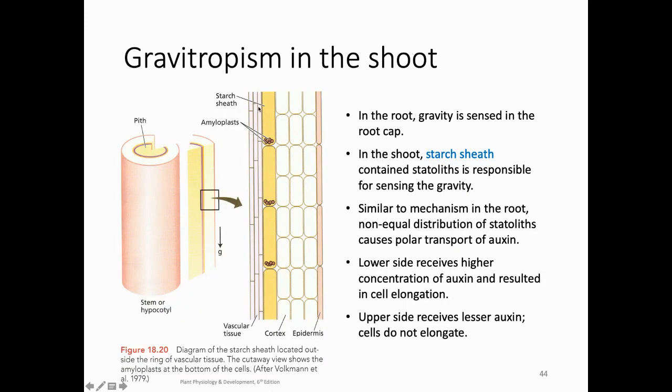And the shoot already has cells we call the starch sheath. It works the same way as the statocytes in the root cap, and it also has amyloplasts in the cells. And these starch sheath cells are actually wrapping around the vascular tissue.